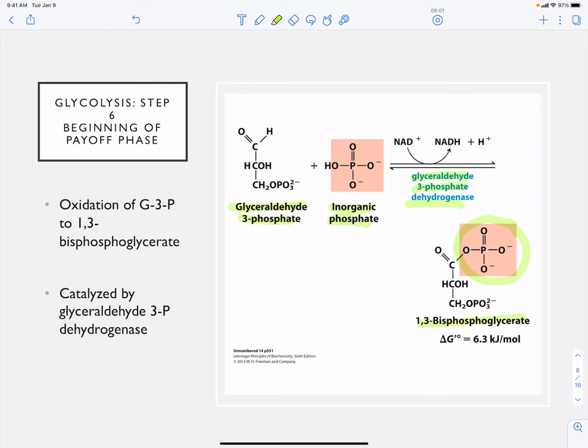And again, you have a phosphate on that 1 position, you have a phosphate now on that 3 position, so it's a bisphospho. And this is going to have a positive delta G, so this is going to require coupling in order for it to get through. Also, this is going to use up NAD. NAD is going to pick up an electron and generate NADH.